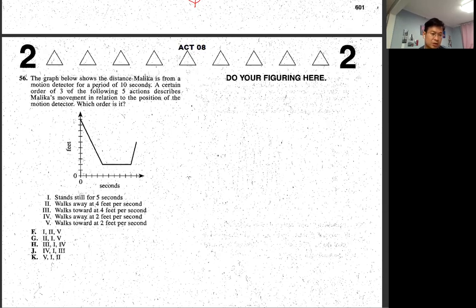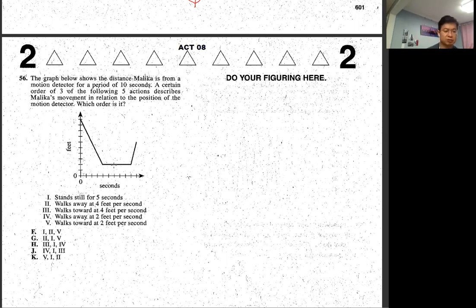56 below 5. Put in certain order three of five following actions that describe Malika's movement in relation to the position of the motion detector. Which order is it? Okay. This is feet and the second.